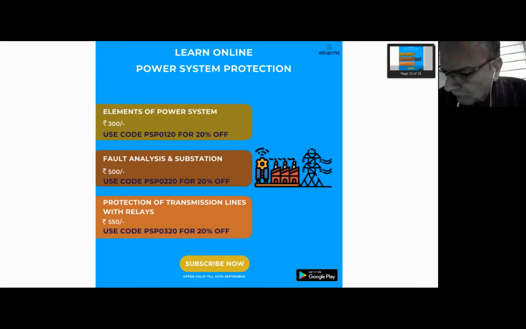Please tell us about 1.3 second NI versus 3.0 second NI settings of IDMT relays. There are two kinds of relays available. One is a 3-second relay, that is, the time of operation of the IDMT relay, inverse time overcurrent relay, in the normal inverse characteristic is 3 seconds at 10 times the setting.